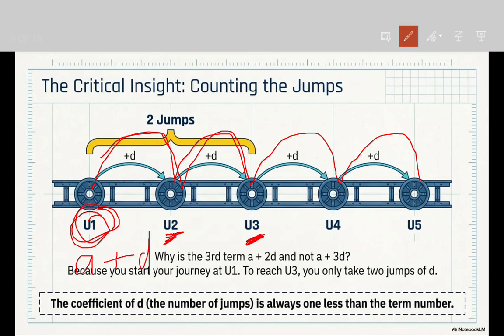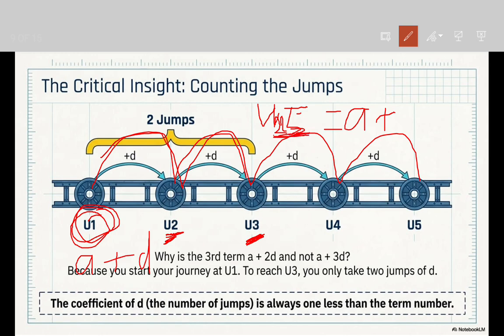So if I have the 25th term, it will be equal to A plus, we are saying that the coefficient of D is always 1 less than the term number.